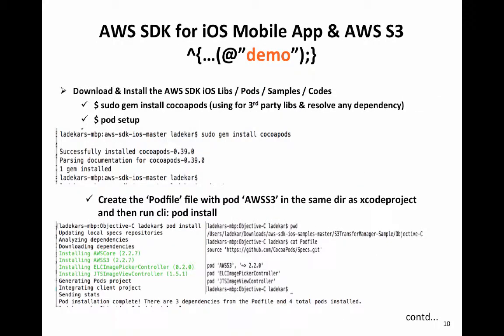Now it's time to download and install CocoaPods. CocoaPods is used for third-party libraries and resolves any dependencies that come along during development. I am using the CLI command sudo gem install cocoapods. After it installed, I ran the CLI command pod setup.